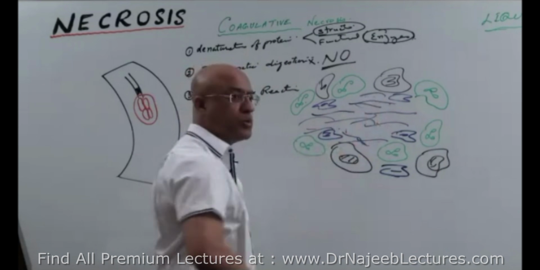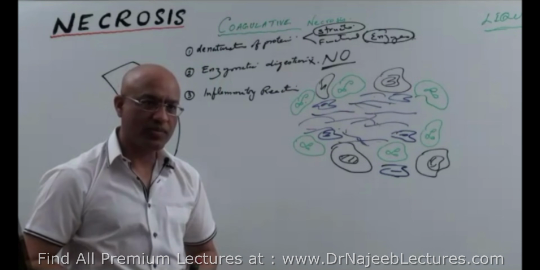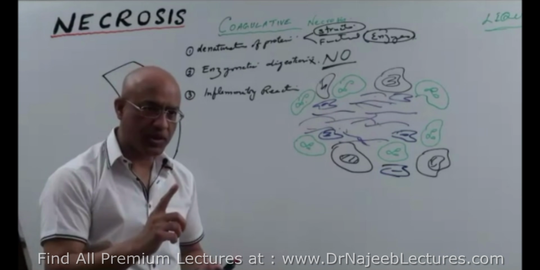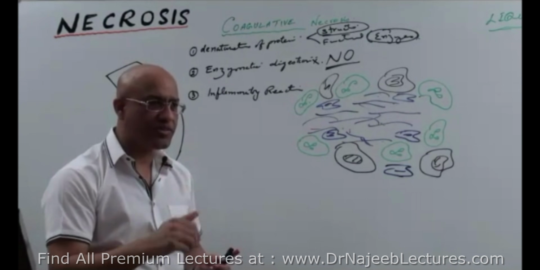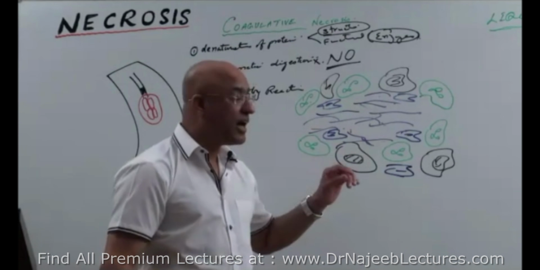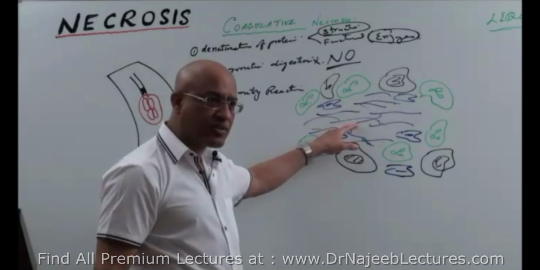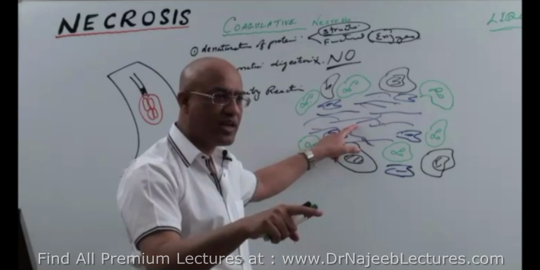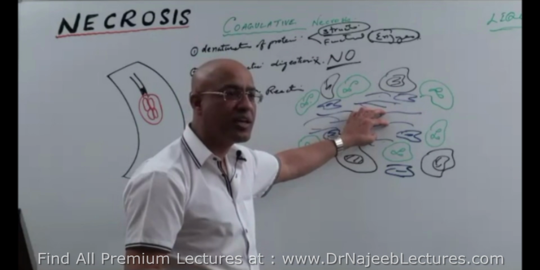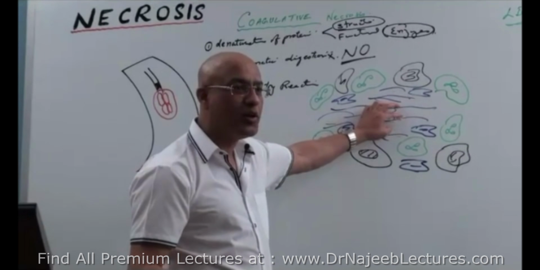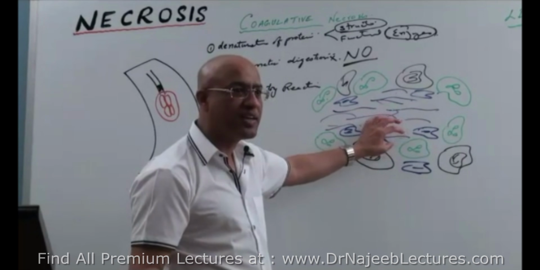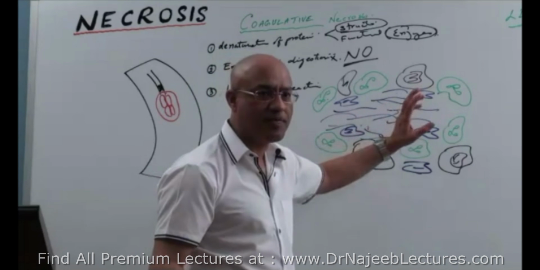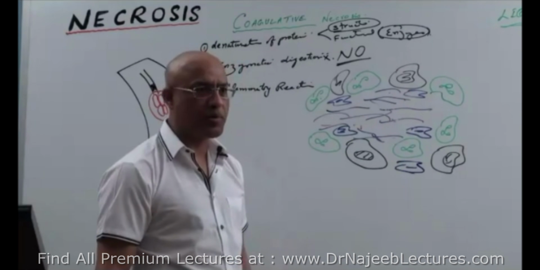So this is what happens during coagulative necrosis: before the tissue undergoes extensive digestion, the cells have been removed and leukocytes and fibroblasts initiate the repair process.